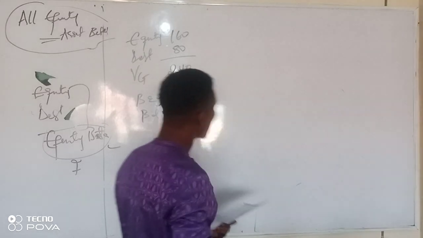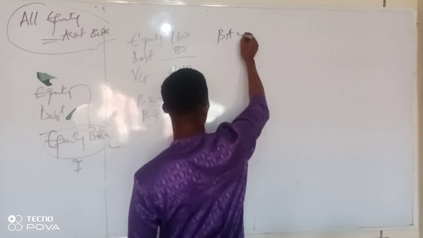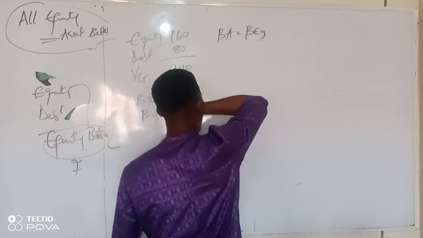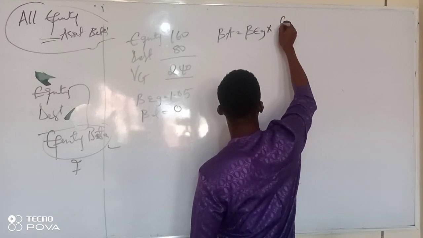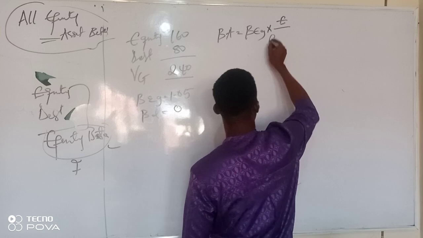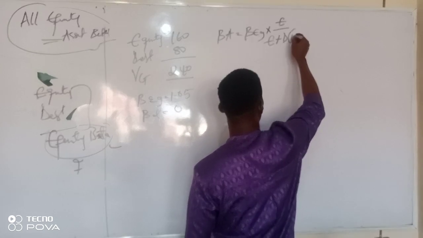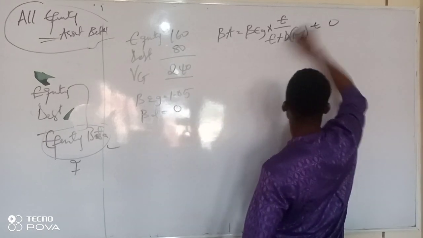So we have beta asset again. In other words, beta equity of a geared company, multiplied by the value of equity over value of equity plus value of debt times (1 minus tax). The beta of debt is 0 already.